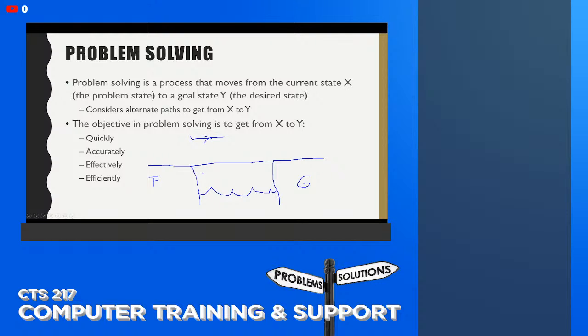But the objective then becomes to try to solve a problem in a manner that is quick, accurate, effective, and efficient. There are those two E words again, right? Like we talked about those two E words last week, efficient and effective. You know, we said when we were talking about efficiency and effectiveness, we are talking about doing things right and doing the right things.